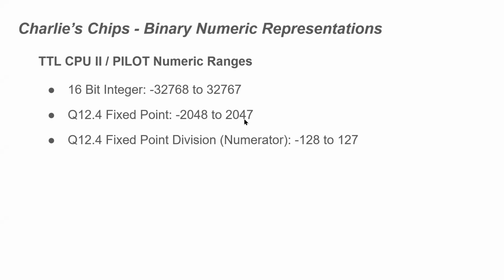And because of the pre-processing and post-processing I talked about on multiplication and division, our fixed point division range for the numerator is minus 128 to plus 127. Now that we've introduced this, we're going to look at Pilot and see how some of these things impact it.